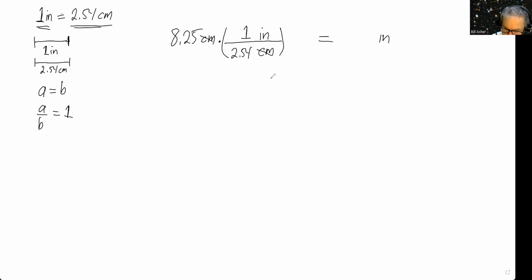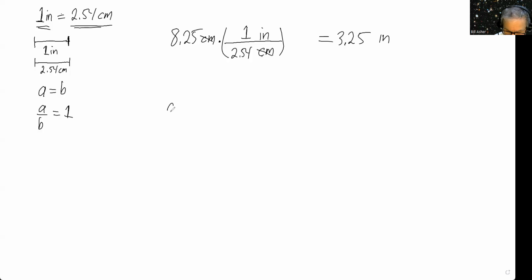Okay? So now that centimeters are canceled, I just have to take 8.25 and divide it by 2.54, paying attention to significant digits. I get 3.25 inches. So 8.25 centimeters is 3.25 inches. And I can go the other way.